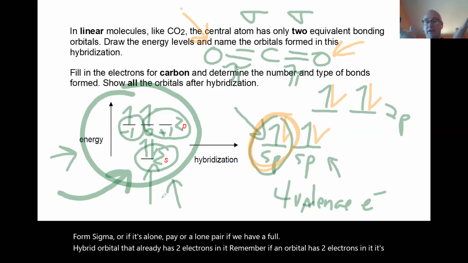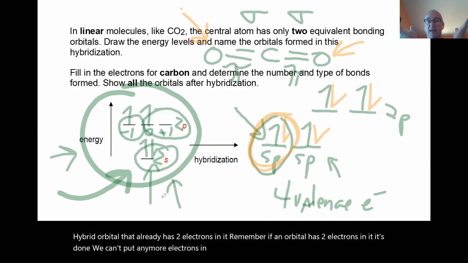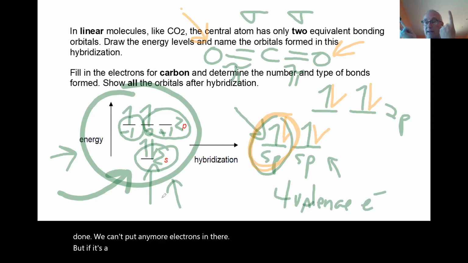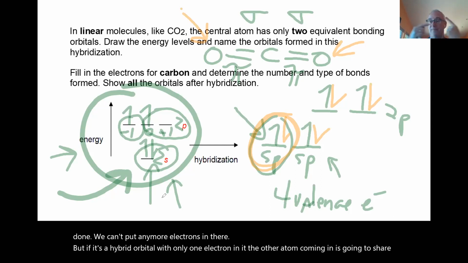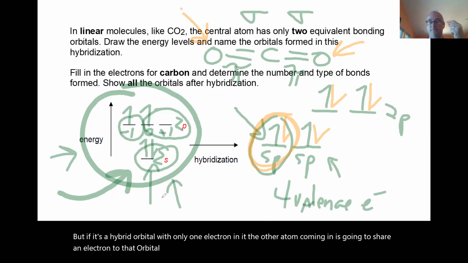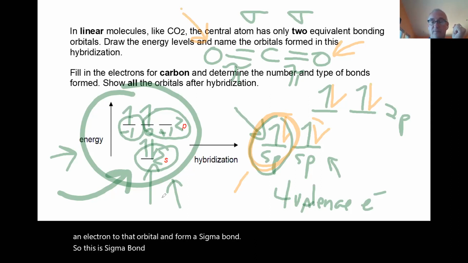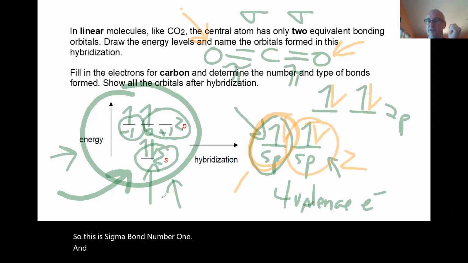We can't put any more electrons in there. But if it's a hybrid orbital with only one electron in it, the other atom coming in is going to share an electron to that orbital and form a sigma bond. So this is sigma bond number 1, and this one is sigma bond number 2. Okay? Now, where do the pi bonds come from?